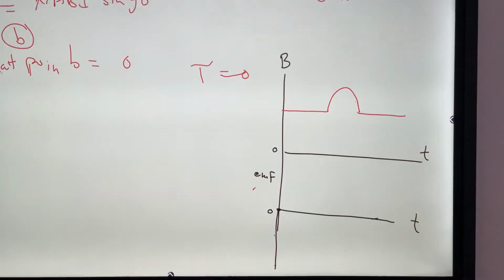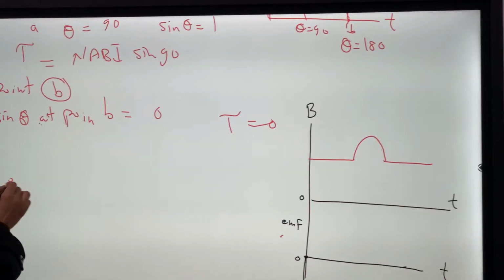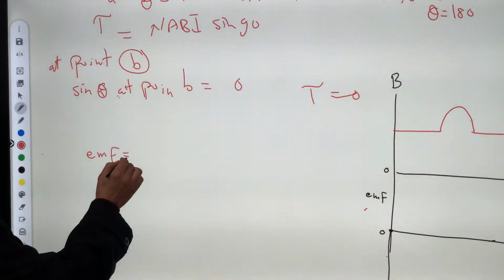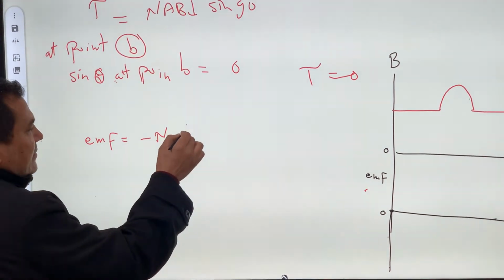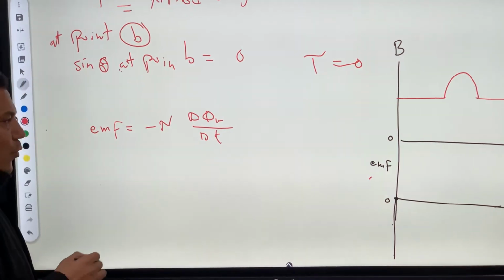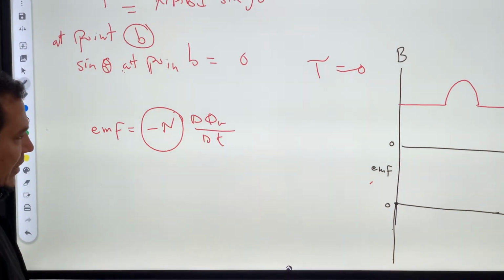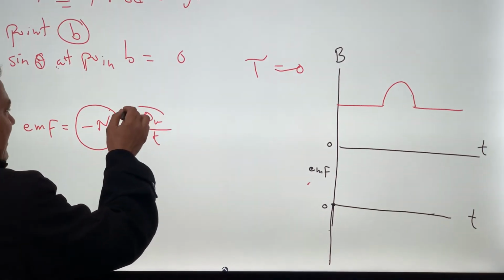Look, we explained that EMF equal minus N delta phi M over delta T, where N is the number of turns of the coil and phi is magnetic flux.